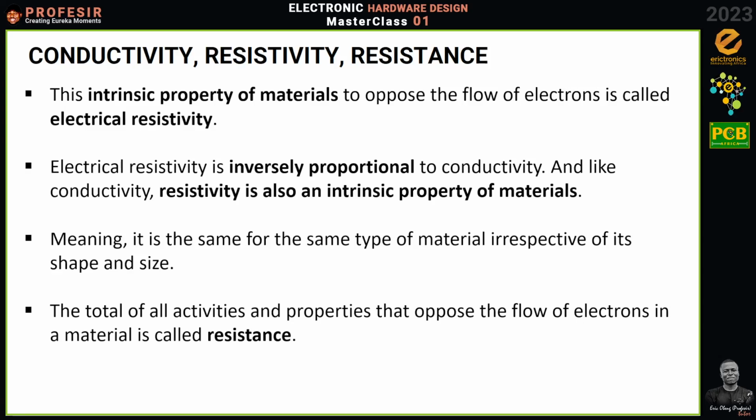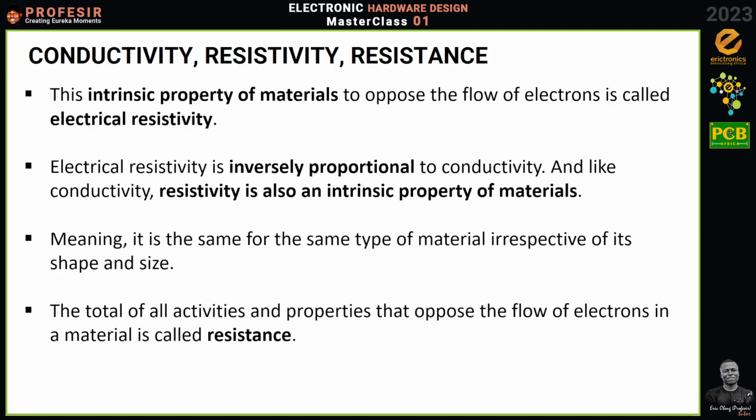Now, please take note. You may not find this in any book because this is my own definition from my own understanding. If you take the total of all the activities and properties that oppose the flow of electrons, we can bundle them up and call them resistance.